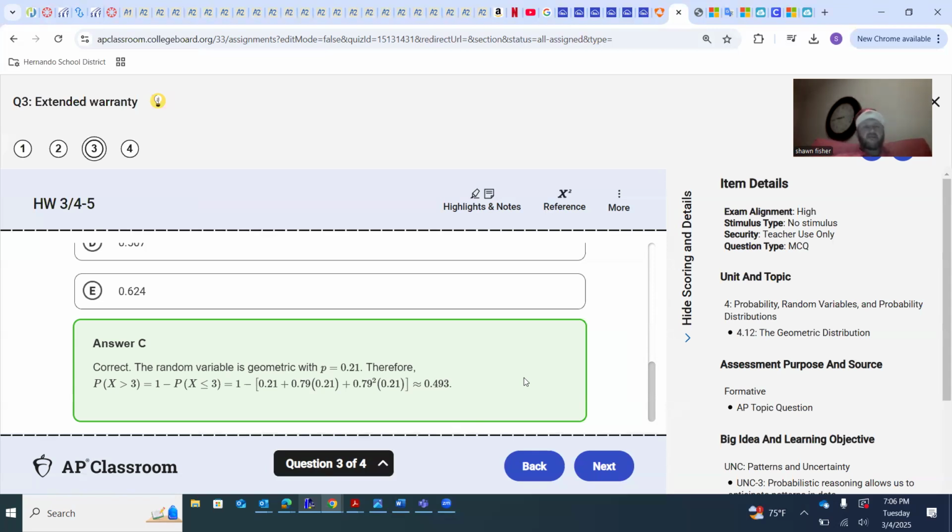So that would mean 1 minus exactly 3 or less, which is right here. Probability of success multiplied with the failure, that plus 0 plus 1 plus 2, which is everything that'll be less than 3.